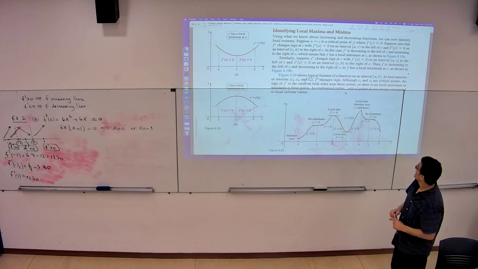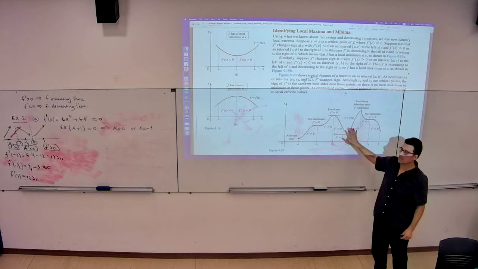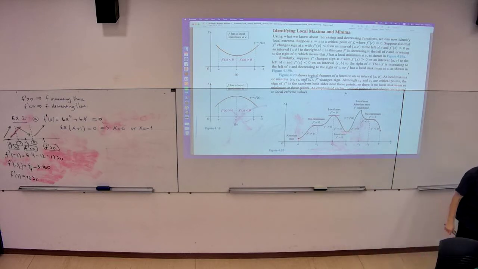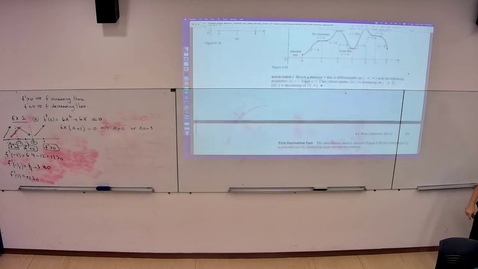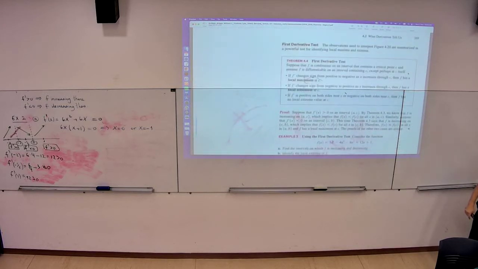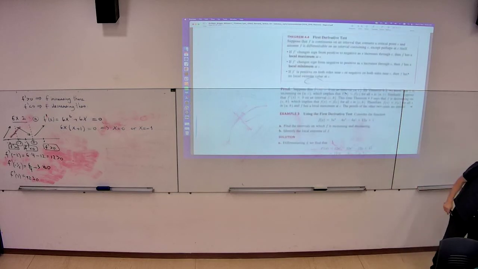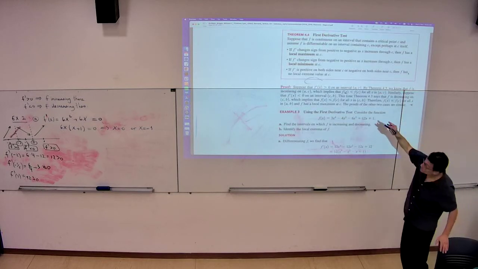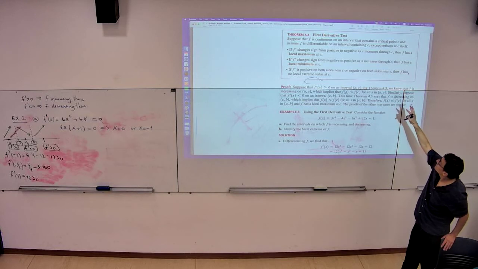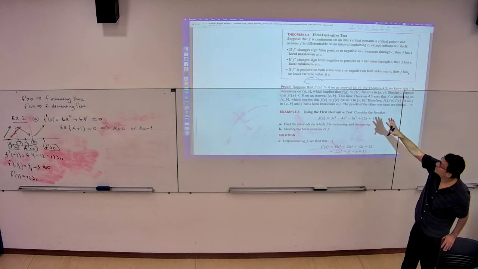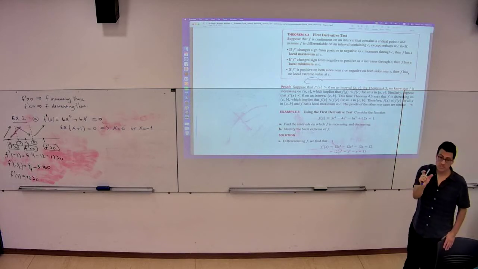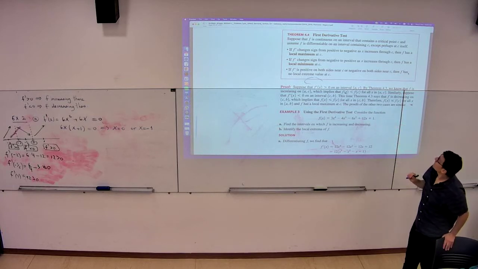Well, actually, this is super fun. Look. There's a theorem which is called the first derivative test. Suppose we have a continuous function with a critical point c, such that the function itself is differentiable around the point c.